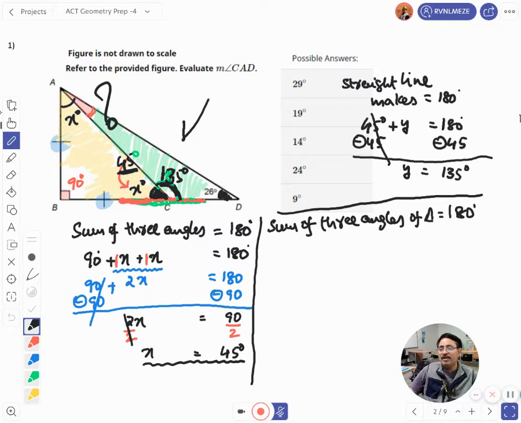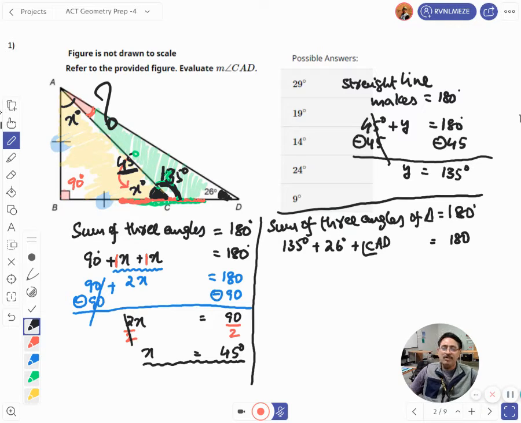Now I'm focusing on this triangle. One angle is 135 and the second angle is 26 degrees and the third one is missing, which is angle CAD. If you want, you may take any alphabet like C or something.